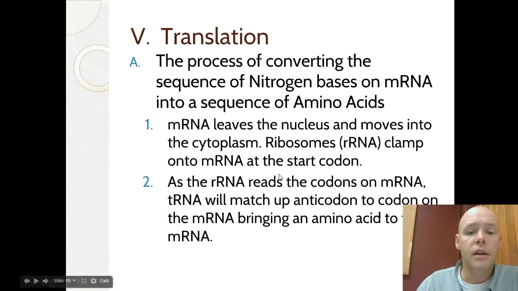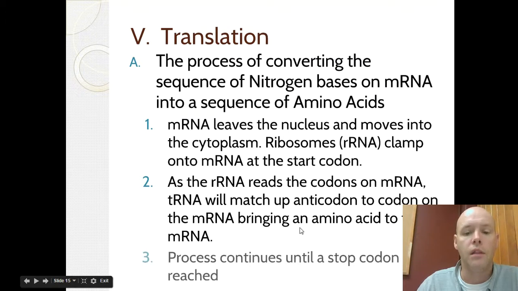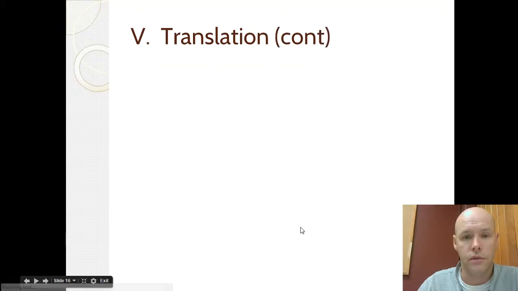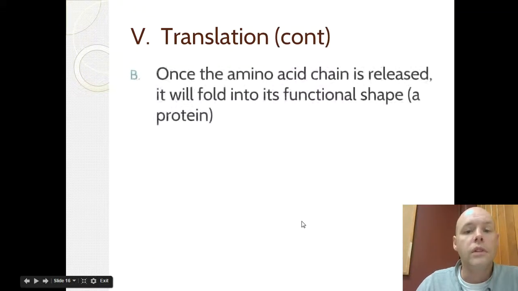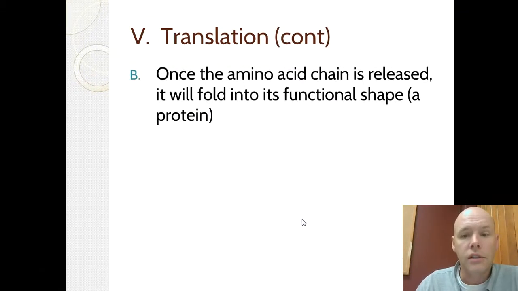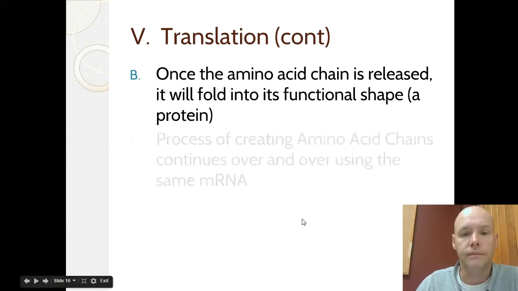As it's reading it, the tRNAs will match up anticodons to codons, bringing amino acids to the mRNA, making an amino acid chain. This process continues until a stop codon is reached. Once the amino acid chain is released, it will fold into its functional shape and become a protein.